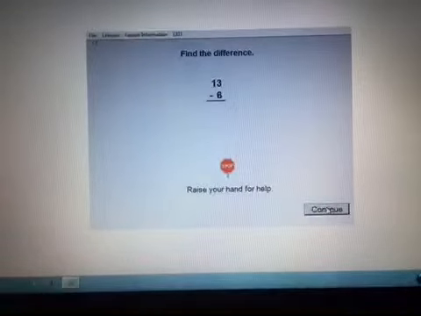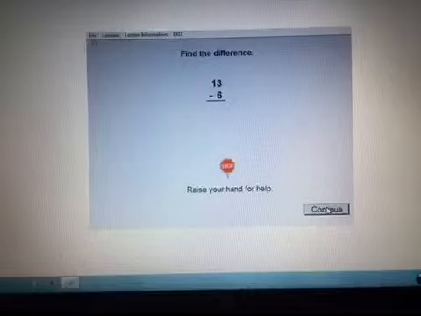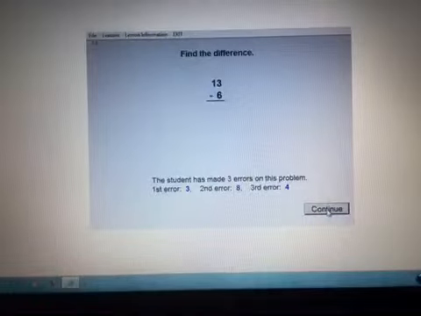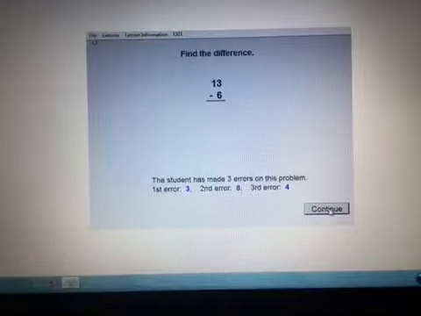And we have our helper to be called. These were the errors that were made, and the helper can provide one-on-one help.